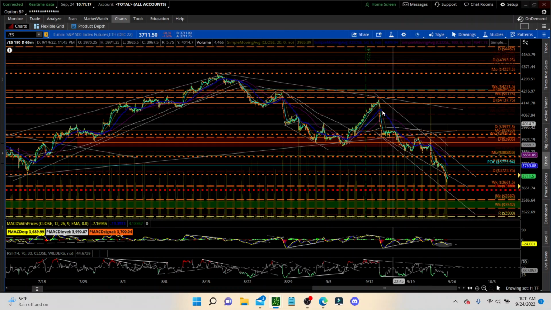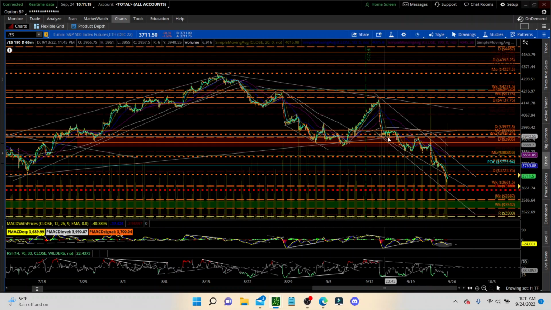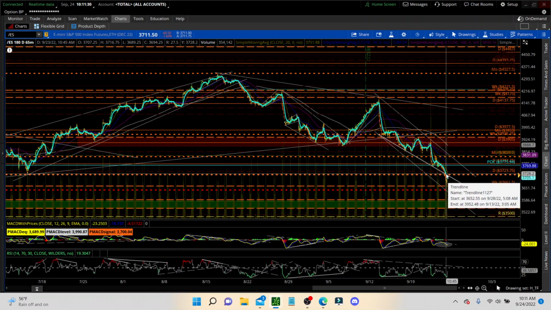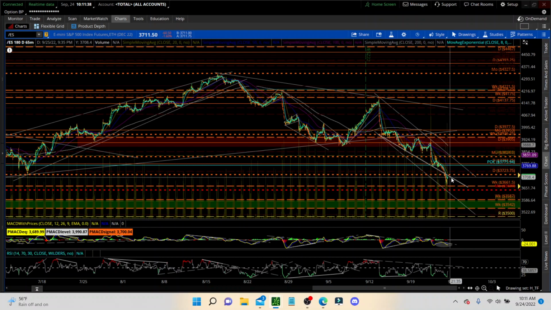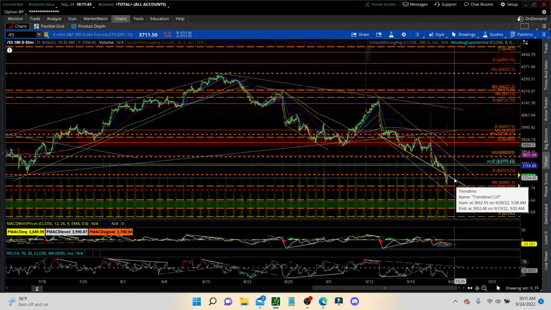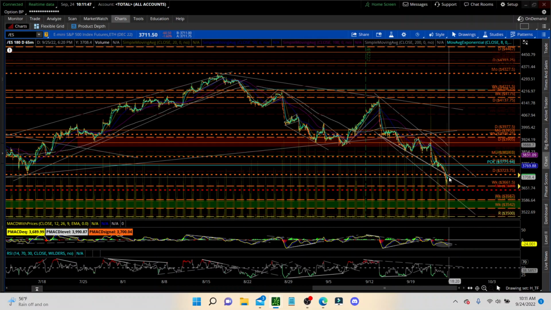We had this almost wedge forming area here, and once you see that wedge happening, some people probably went long right here at the 3700, 3723 area, right at the bottom, and that's where the bear market will get you. We broke down from a wedge. It's not a common thing, but it is in a downtrend, but we're not used to downtrends in these past 13 to 15 years of bull markets.